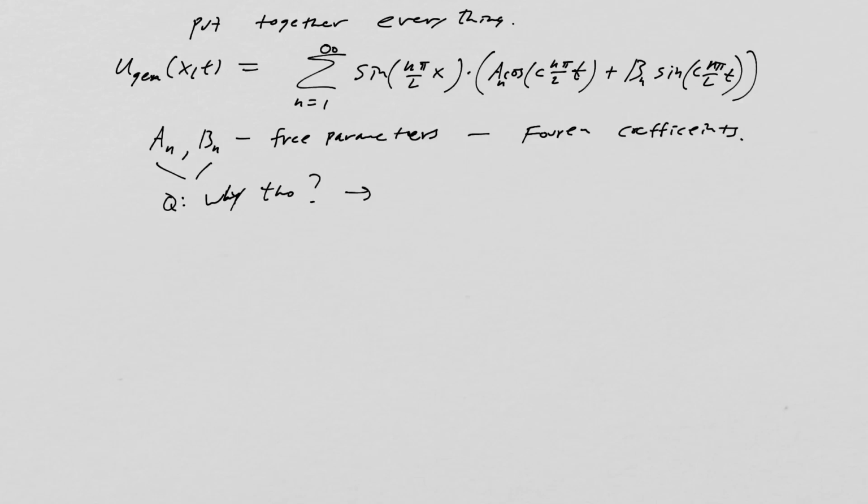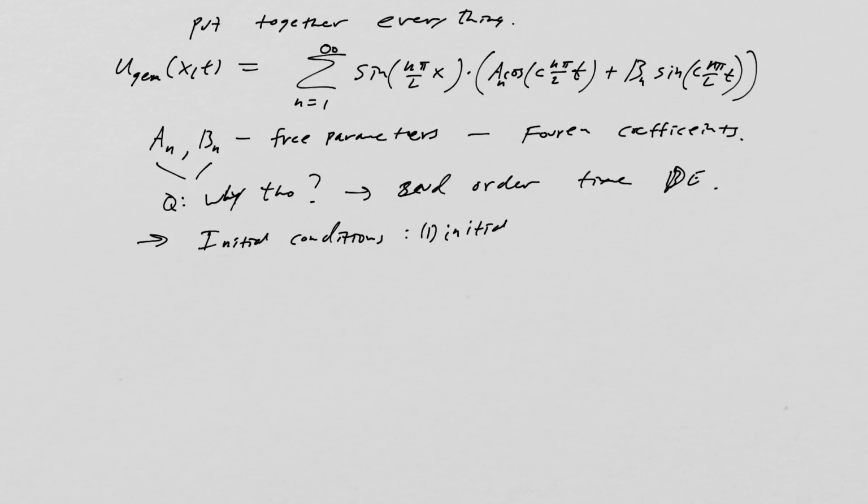The answer is that we're talking about a second order time differential equation. So when we talk about initial conditions, we need both things: an initial position of the string and an initial velocity of the string.